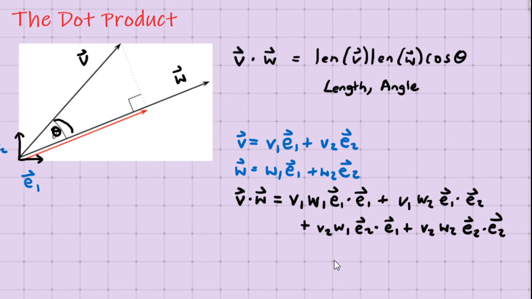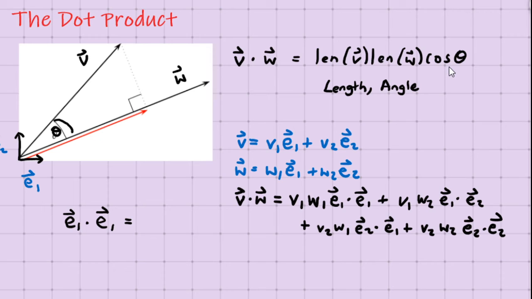Now because we're using a Cartesian basis, e1 dotted with itself is going to be the length of e1 times the length of e1 times the cosine of the angle between them, but the angle is 0 because they're the same vector.